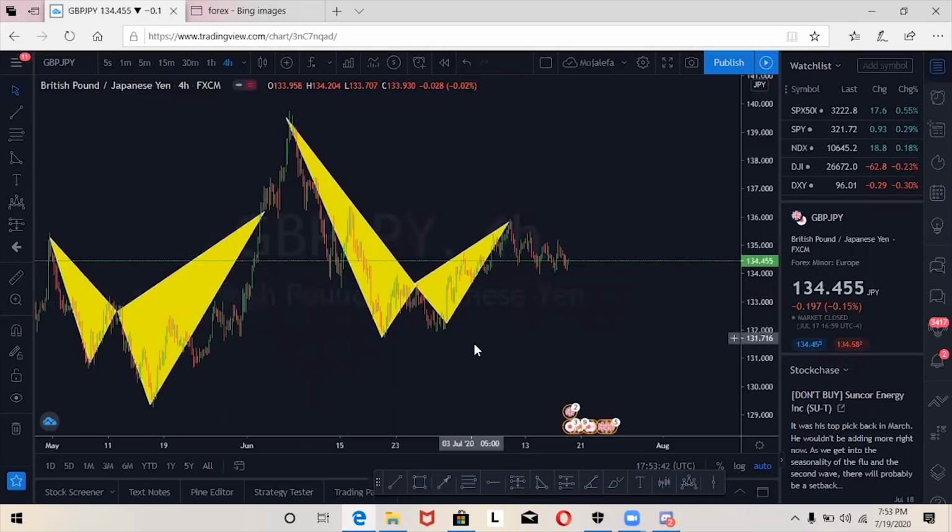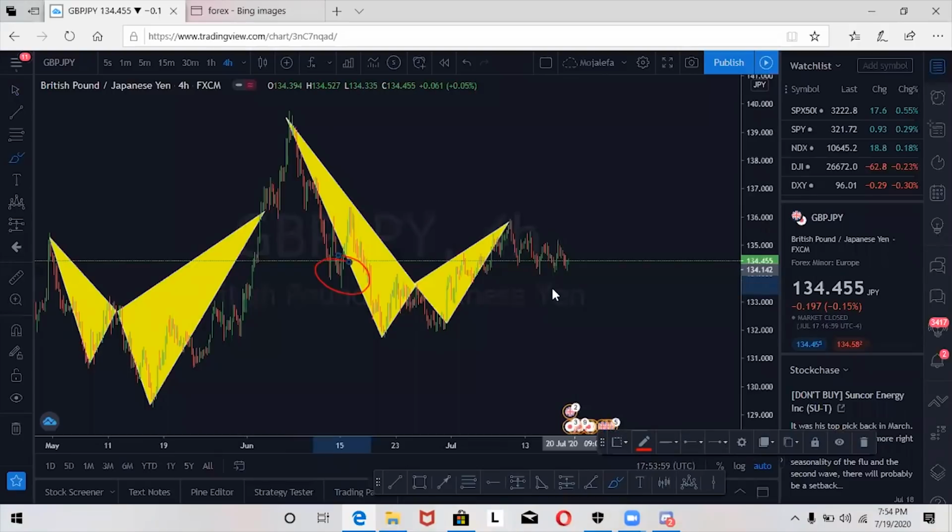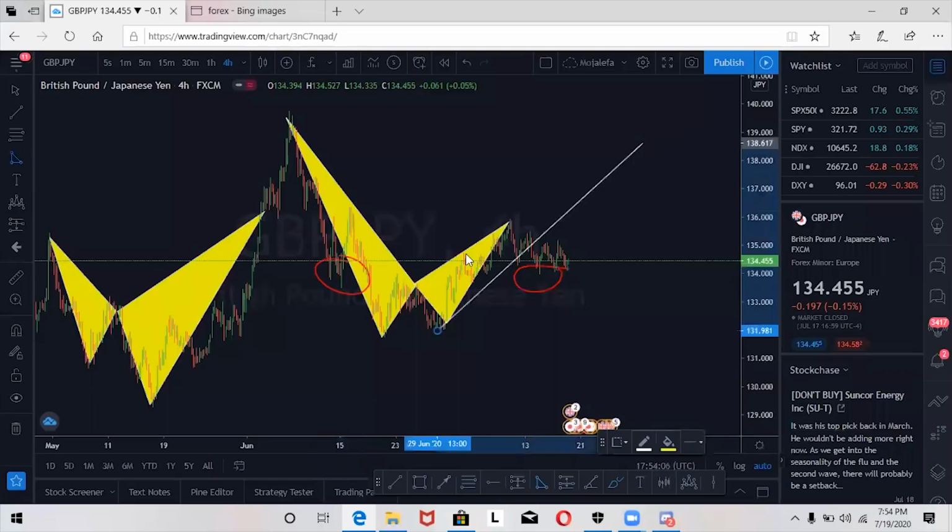But if I'm to add more information to this butterfly, I can see there was something happening here. Looking at this horizon movement, you see this. What can I say? I can say this wing is not complete. And I can say it can form something like this.